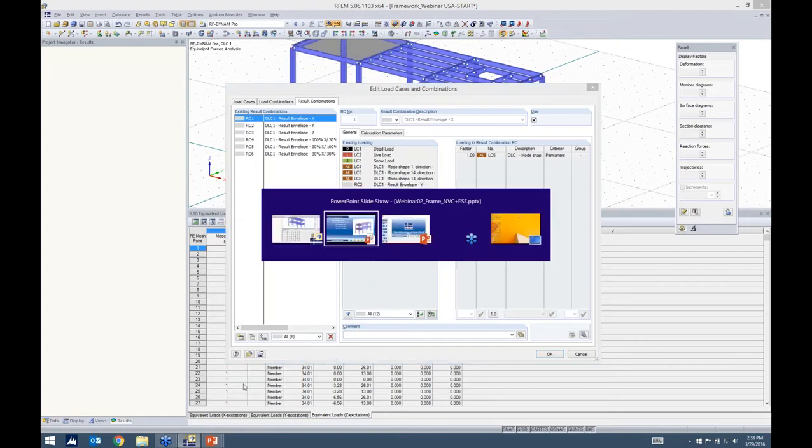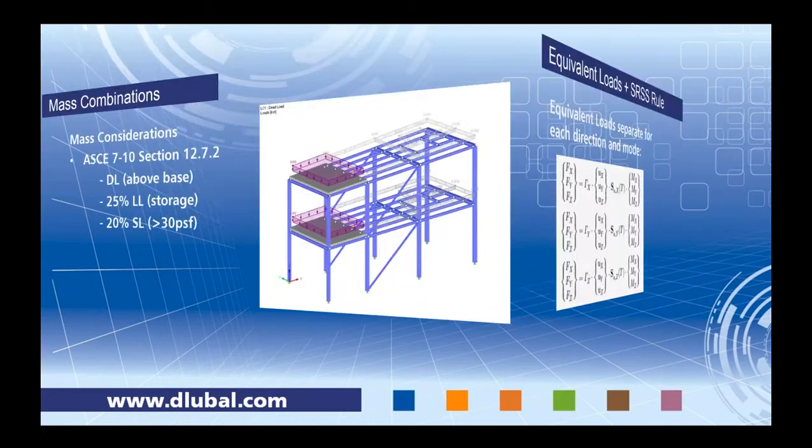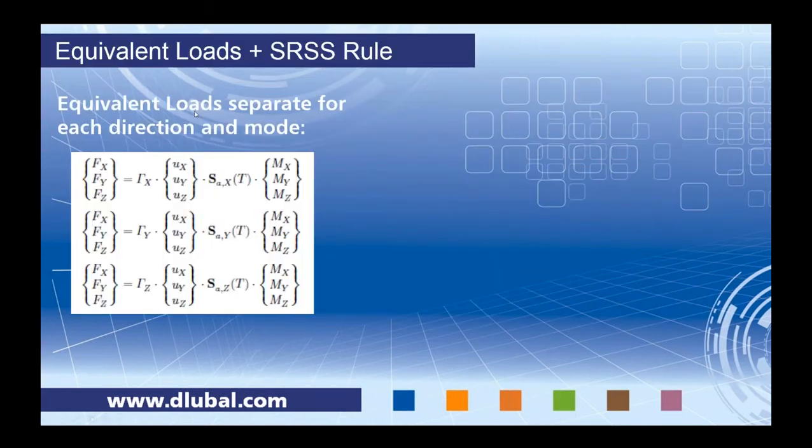And with this, let me go back to our slide here, and let me show you exactly how these equivalent loads are calculated. It looks a little bit intimidating at first, but realistically, if you break it down, it's not too complicated. So for each line here, we have an excitation direction.